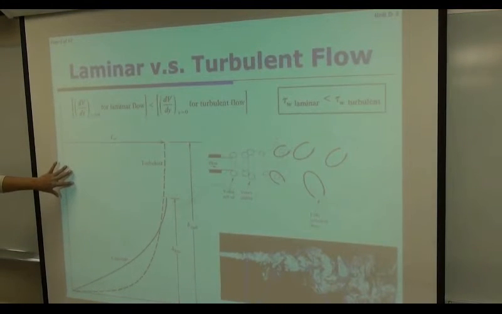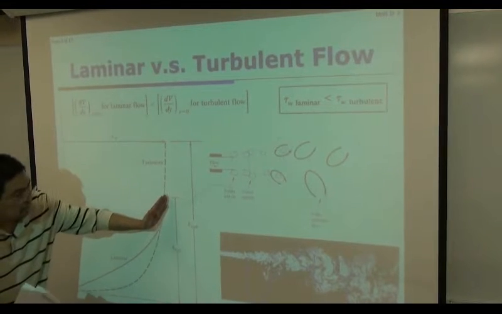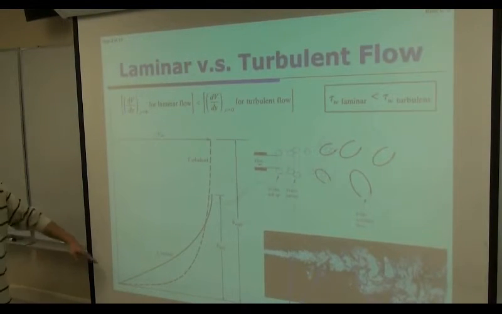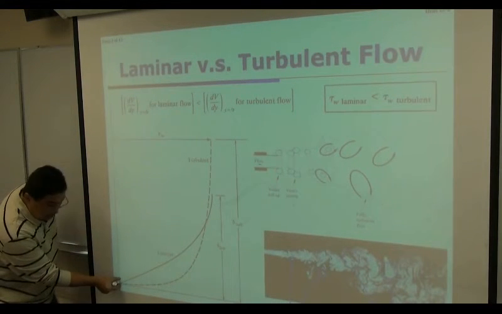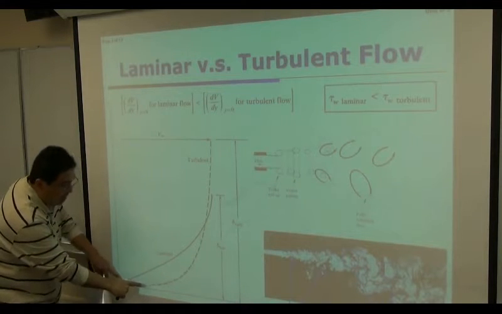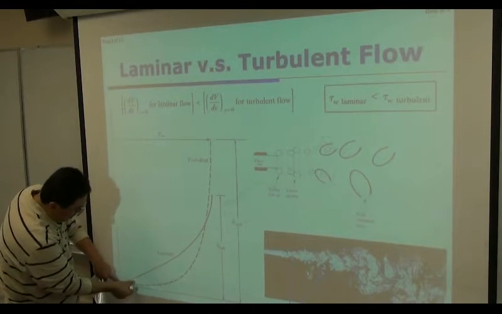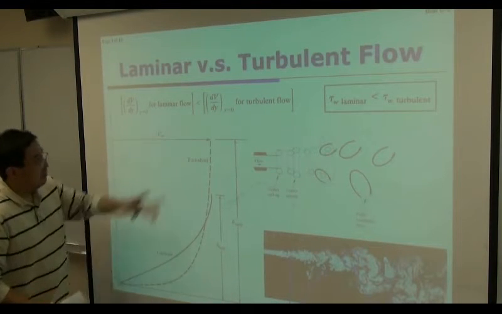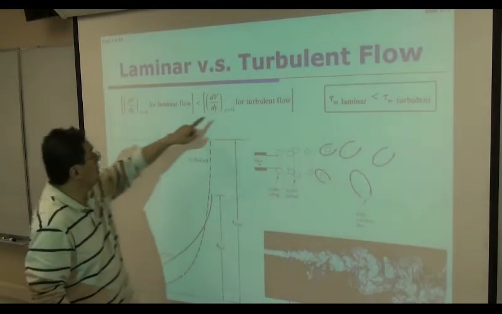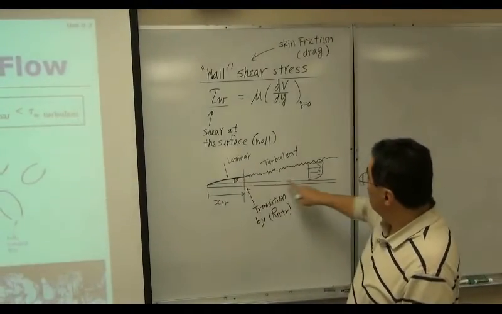In this plot, this is the laminar flow velocity profile, and this is the turbulent flow velocity profile. As you can see, over a small tiny distance dy, the velocity goes from 0 to the velocity, and dV dy is larger for turbulent flow than laminar flow, because the velocity profile is different.